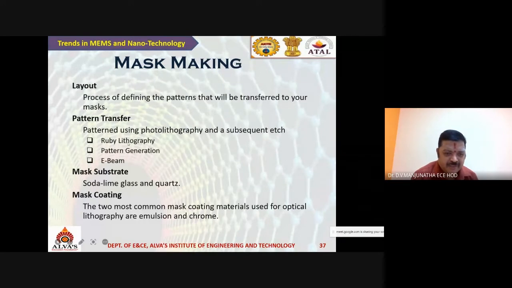There are so many methods available, out of which I have named three here: photolithography, pattern generation, e-beam lithography, etc. For the mask substrate, soda lime glass and quartz are used. For mask coating, the two most commonly used materials for optical lithography are emulsion and chrome, right?